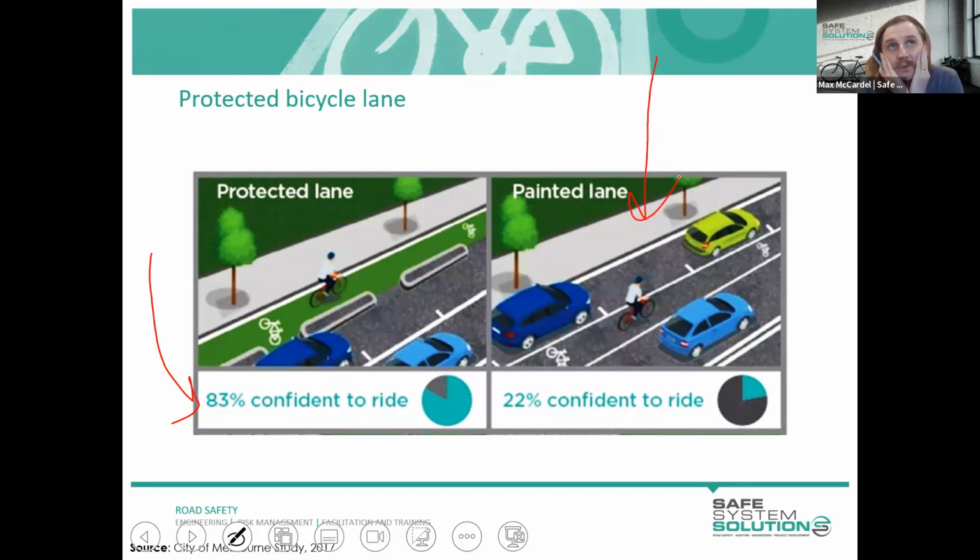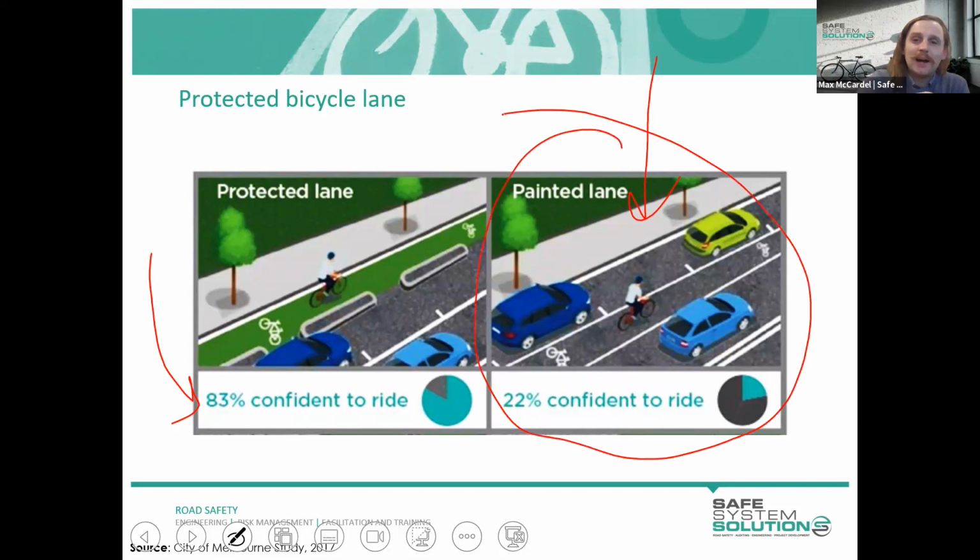So when we are talking about designing for greater diversity within cycling communities, keeping in mind that we've got cyclists aged 8 to 80, you can see we're not really hitting the mark if we're only able to cater for 22% of the community. It's a significantly low portion of the community that feel comfortable within that space.